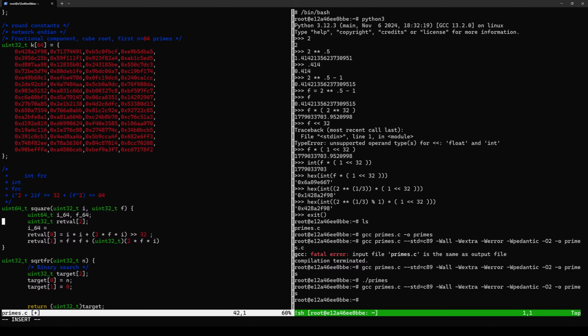So if I take values that are of size 1 over 2 to the 32nd, and I square them, all of the integer values are going to go off the end. I only really need the integer values, so these things are going to be too big.